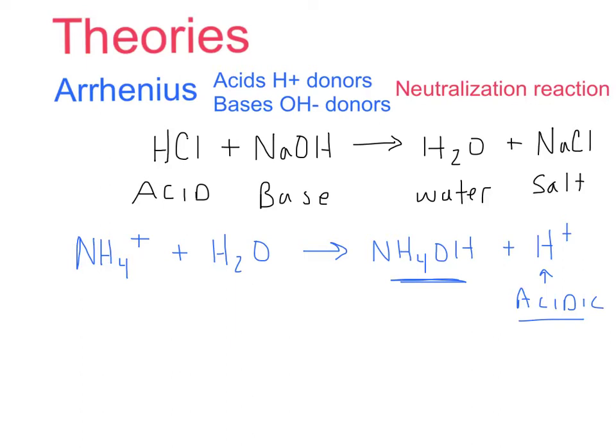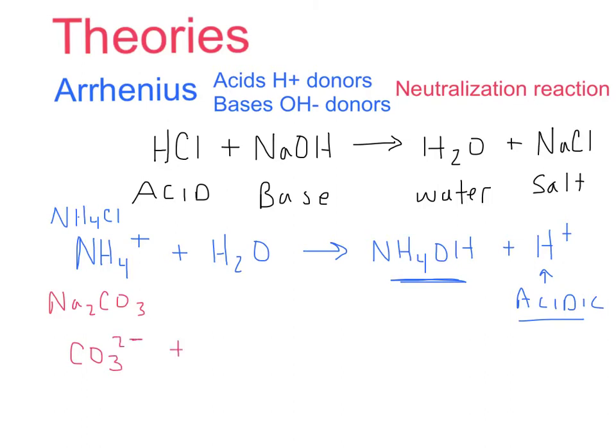Now we could do the same thing with a base. Say that this NH4 could have come from NH4Cl or Br or even a nitrate or sulfate. Say that I had instead Na2CO3. Well, out of that, Na is soluble all the time, so it's going to go away, and we're going to be left with CO3 with a 2 minus.